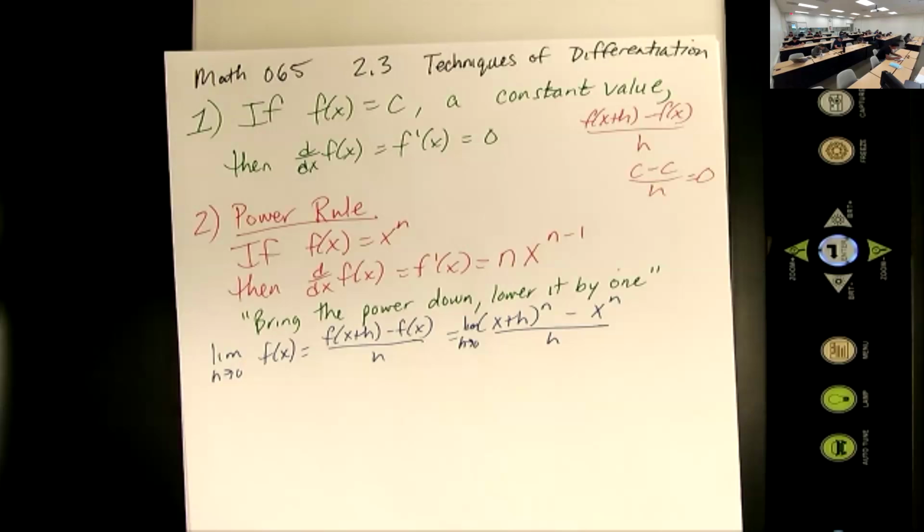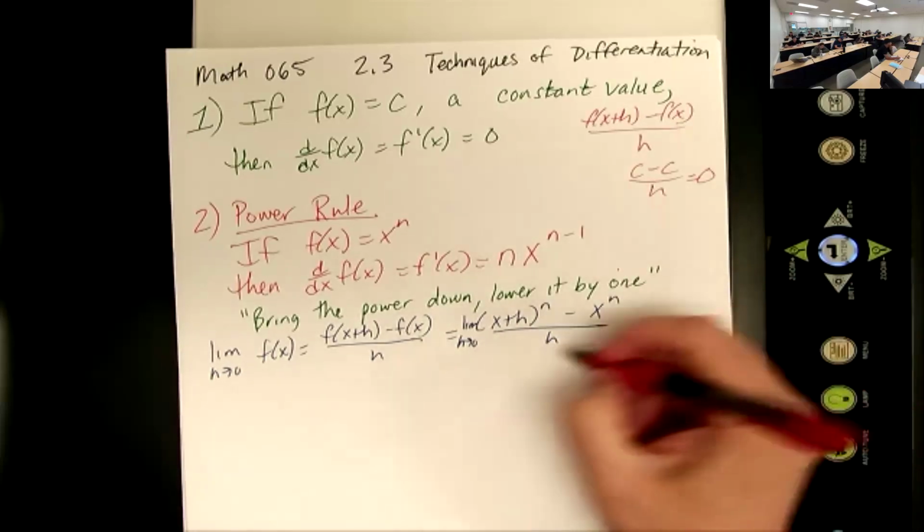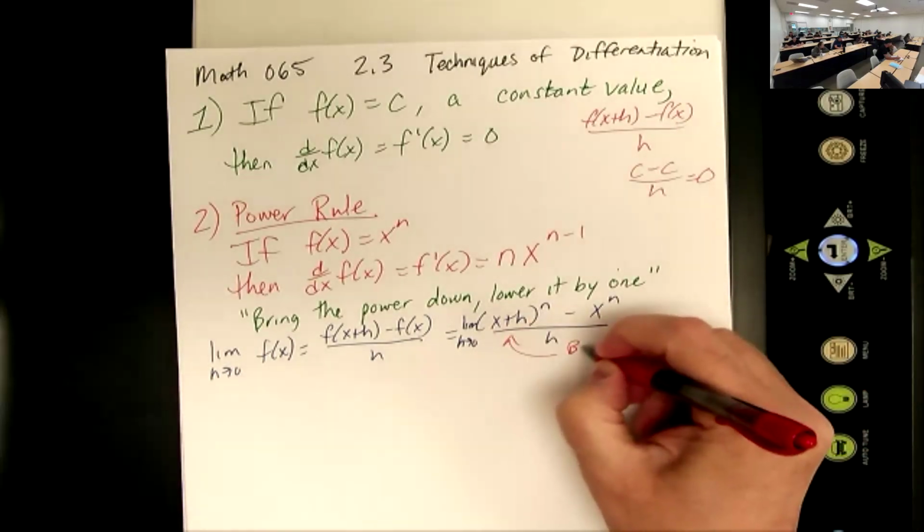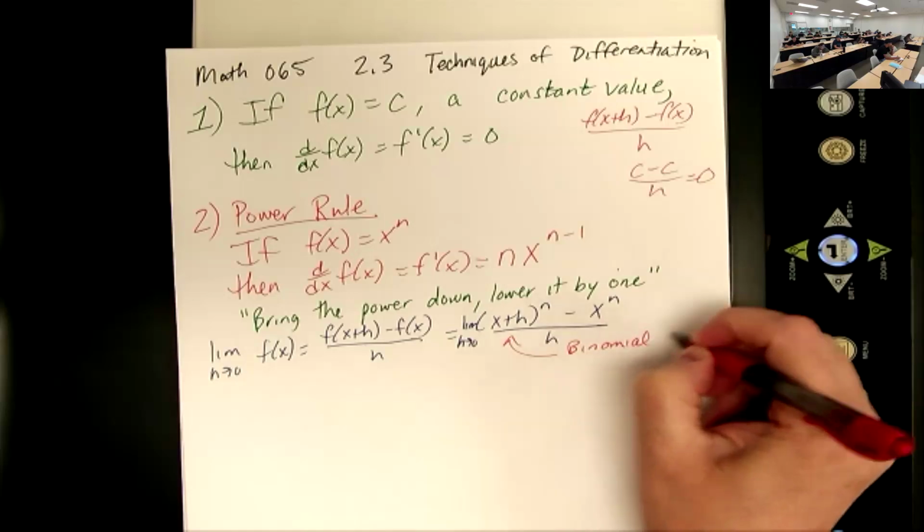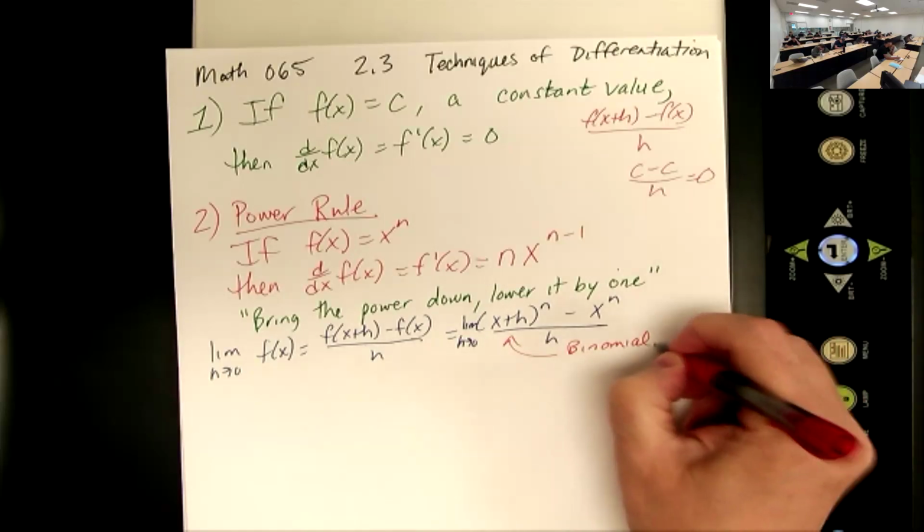Now, right before class, I sent out an announcement of a couple links I'm going to show right now. This is called a binomial. That bad boy right there is a binomial. And there are formulas for how to expand it.